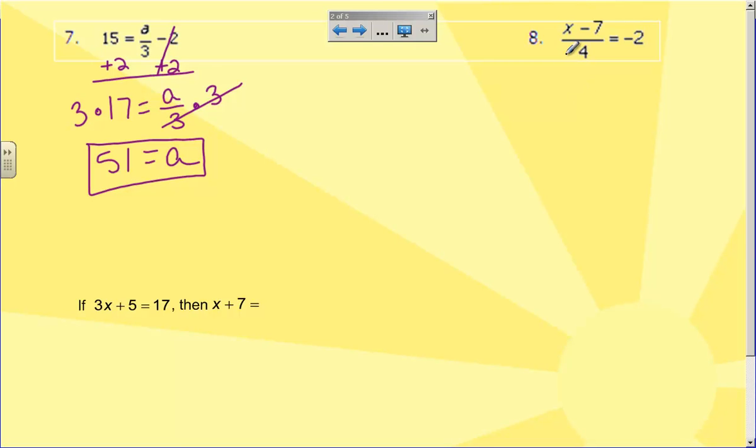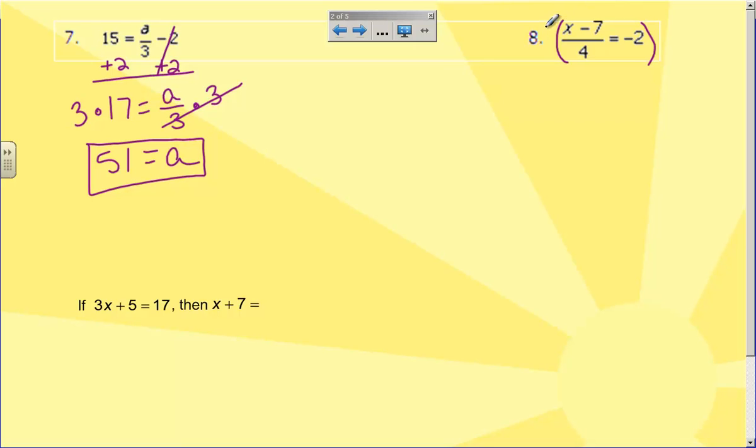So when you run across a problem like this and you have a quantity divided by something, the first thing you have to do is get rid of this denominator. You have to get rid of what you're dividing by. You have to clear that fraction so that you don't have to mess with it anymore. So in order to clear out this denominator and get rid of this fraction, this really means division, and the opposite of that is multiplication.